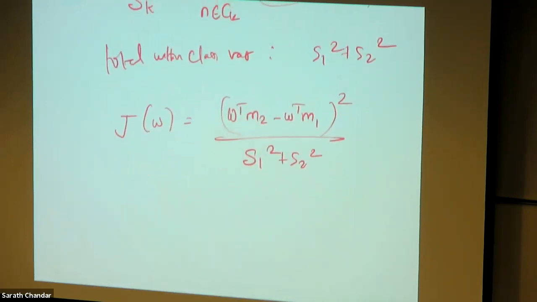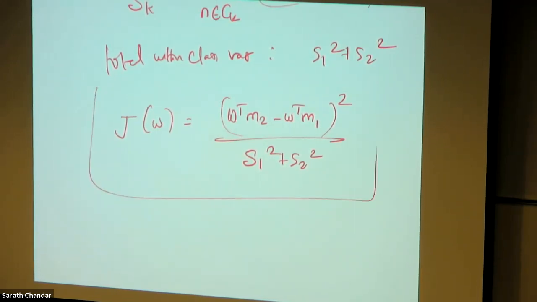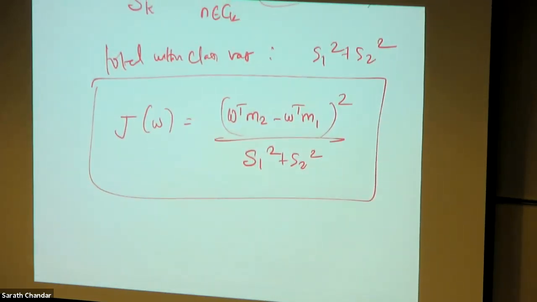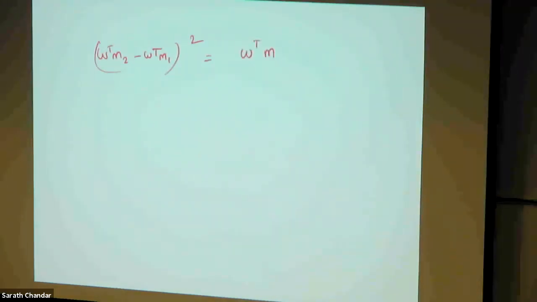Okay, so now let us see how to maximize this. Let me move to the next page. Let's just consider the numerator first. The numerator was w transpose m2 minus w transpose m1 the whole square. I can rewrite this as w transpose times m2 minus m1, the whole square. I think we lost the screen.